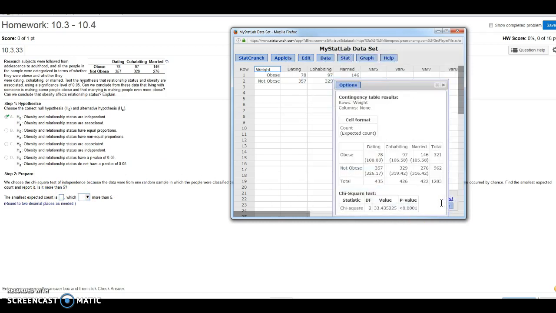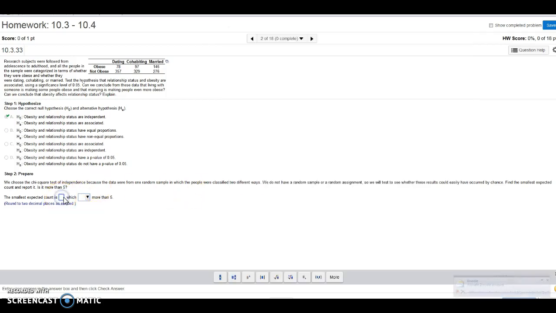And I hit compute. So the smallest expected count, when I look, notice the expected count here is in parentheses. So I have 105.58 as my smallest expected count. Sorry, that's my phone ringing in the background.